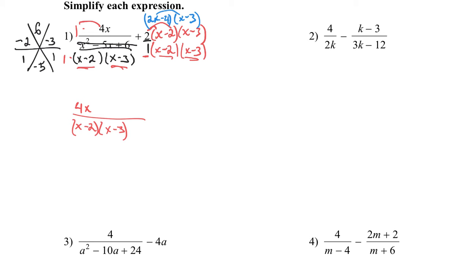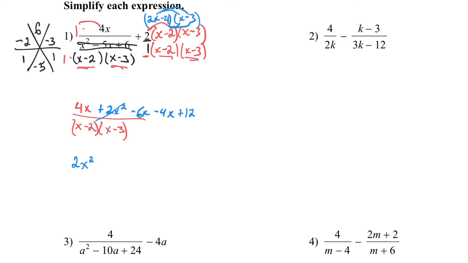So 2x times x will be 2x squared. 2x times -3, -6x. -4 times the x, -4x. And then positive 12. So there's all my pieces for the numerator. Now I just need to combine all my like terms, put it over my common denominator, and then I'm all set. So there's only 1x squared there, so 2x squared drops down.